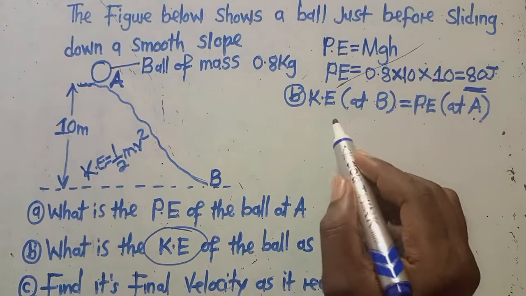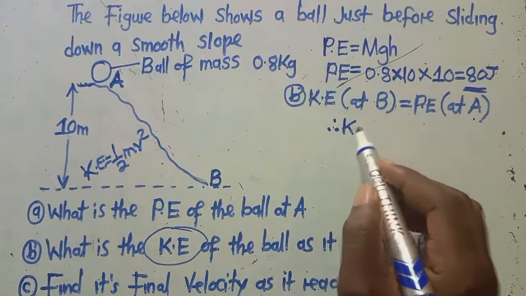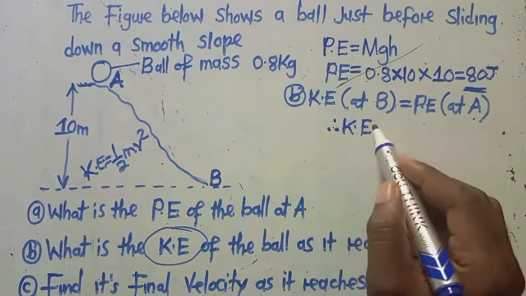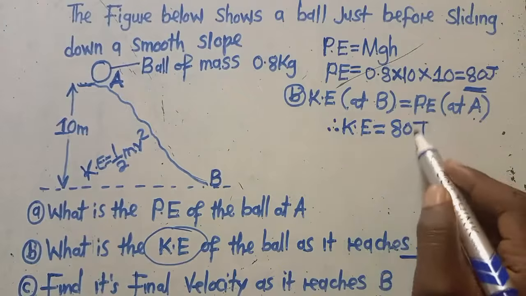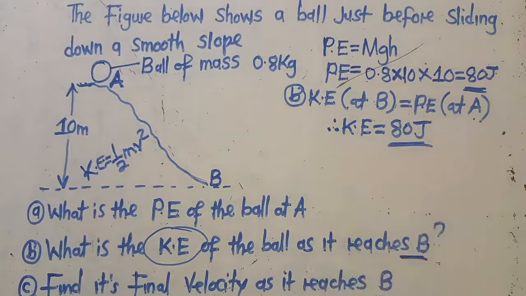I'll just say, therefore, kinetic energy at B is equal to 80, because it is the same as potential energy at A. So just put 80 there. I'm done with the kinetic energy.